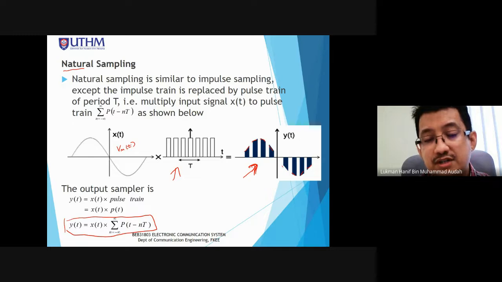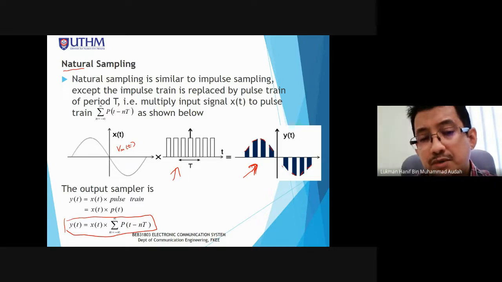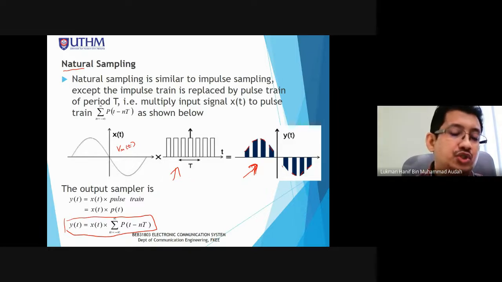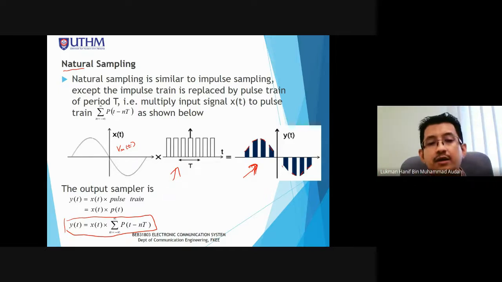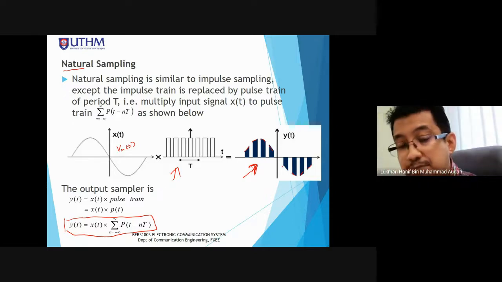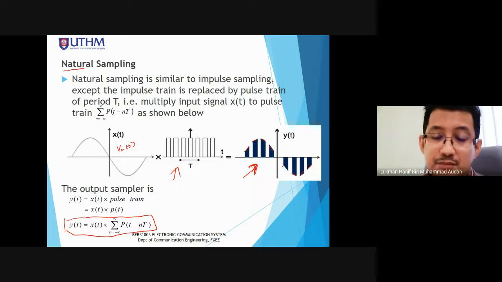So, kalau perbezaan dari segi pulse train yang digunakan untuk mix with the input, that one contribute to the different size of bandwidth requirement. Okay, and for your information, for PCM, normally we multiplied with rectangular pulses. Pada kebiasaannya, kita menggunakan rectangular pulse.